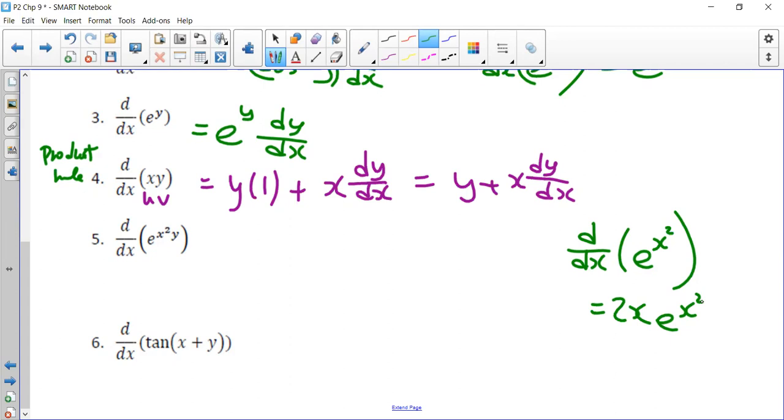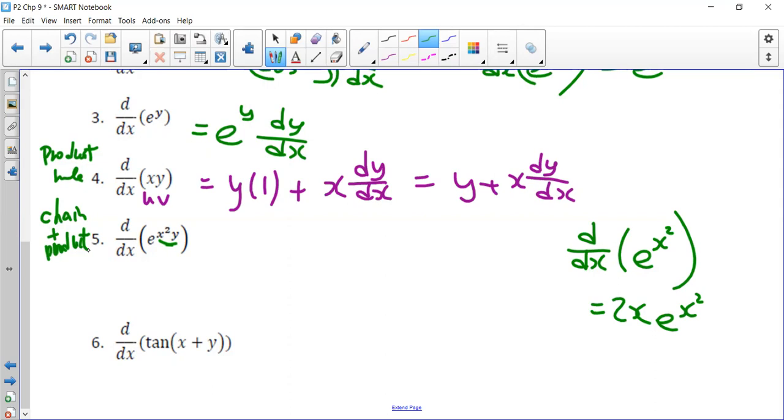Now we'll do the same here. We differentiate the power first. To differentiate the power, we need the product rule. So this question is chain rule plus product rule.